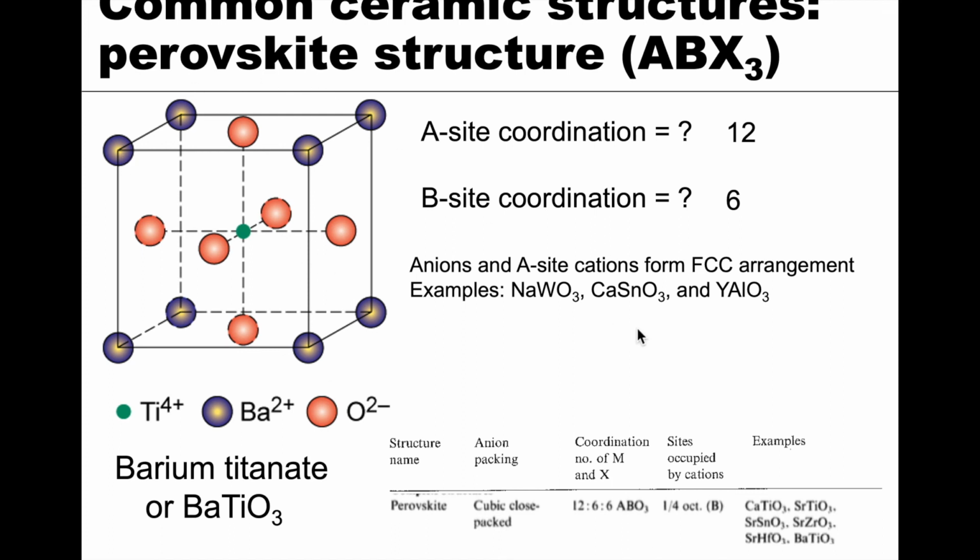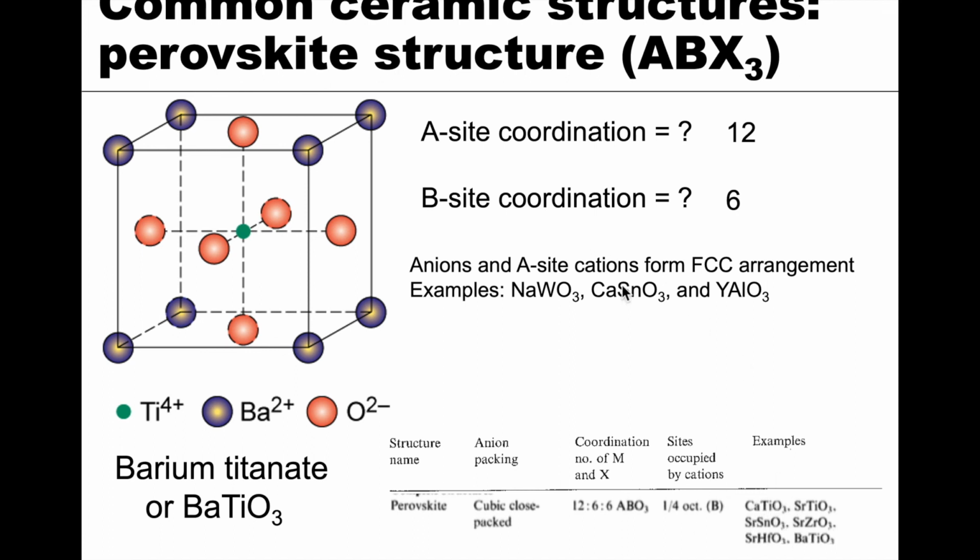And so the perovskite structure is actually quite an important structure for advanced or electronic ceramics because it has some interesting electronic properties. And so we see this a lot in various sensors and so forth. But sodium tungstenate, calcium tin, yttrium aluminum, and a lot of other titanates and various compounds.